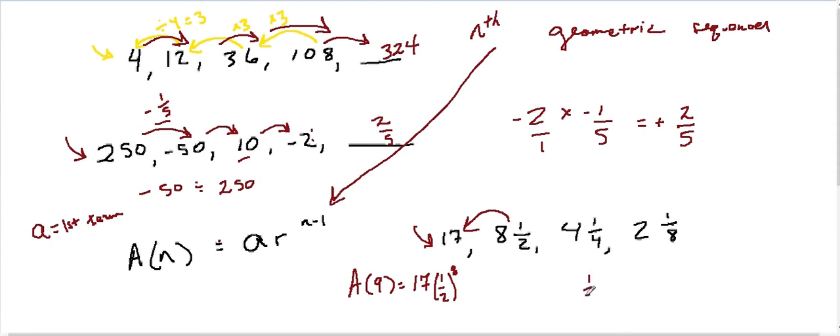We want to do 1/2 to the 8th. So 2 times 8, no. 2 to the 8th, right?